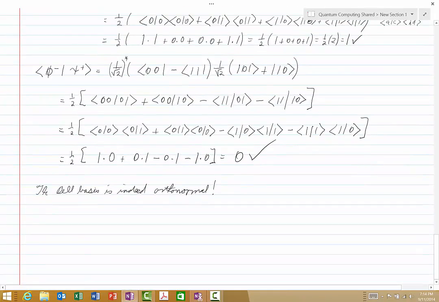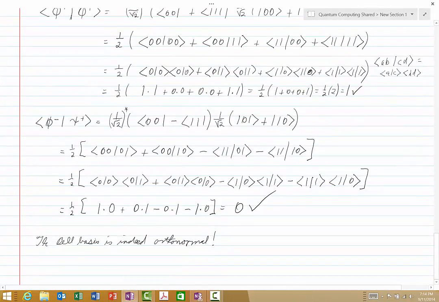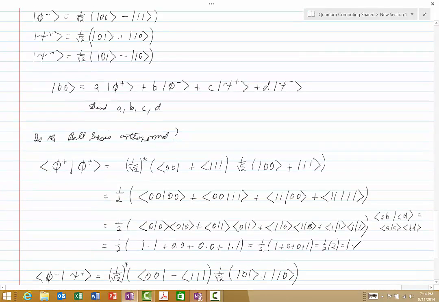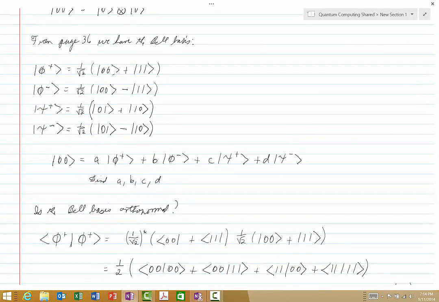So now that we know that the Bell basis is orthonormal, we can go back to our original problem, which was to express 0, 0 in terms of the Bell basis.